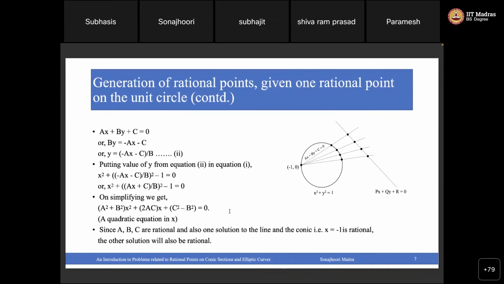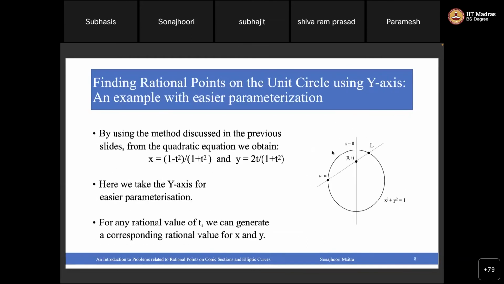Now let us understand the same thing but in an easier manner. As I said, we can take any random line px plus qy plus r equal to 0. Here we take the y-axis as the line. Why are we taking the y-axis here as the example? Because the parameterization becomes easier. The x-coordinate will always be 0 for any point on the y-axis.